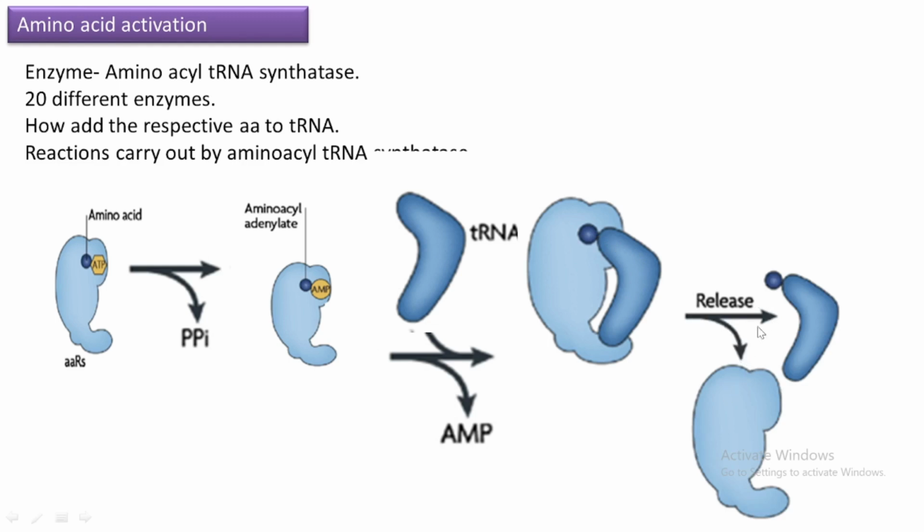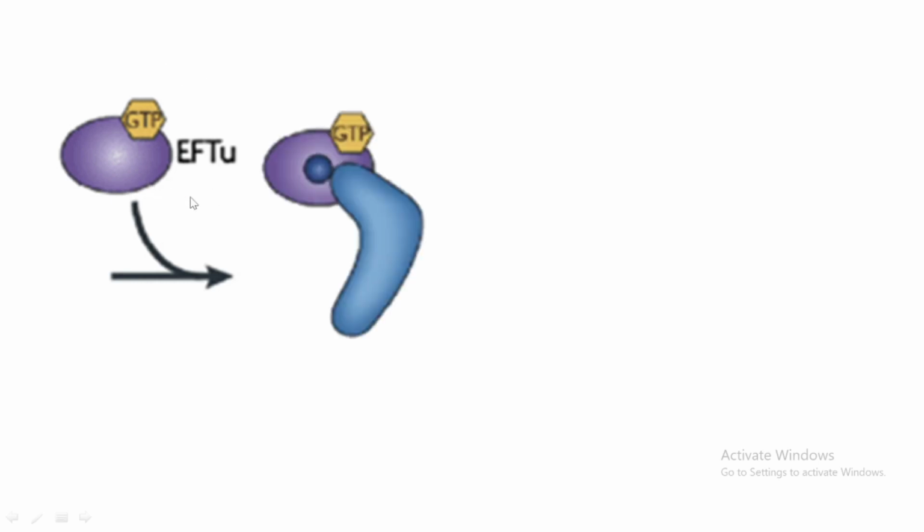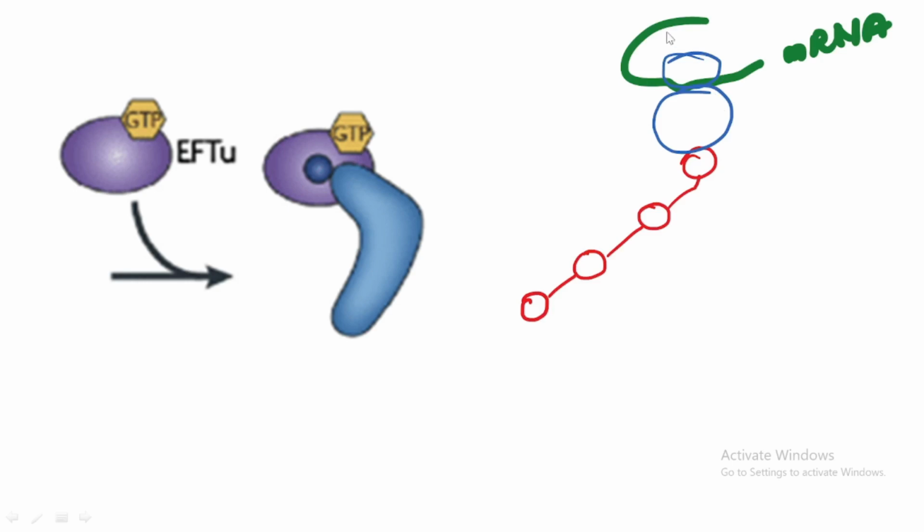Then that enzyme is released, and the tRNA with the amino acid is also released. Then comes another factor, the elongation factor. That elongation factor binds with this tRNA holding the amino acid, and fetches this tRNA to the ribosome that is carrying out the translation process. This is the ribosome. This is the mRNA. This is the growing polypeptide chain. To this, the tRNA needs to add the amino acid that it is bringing.